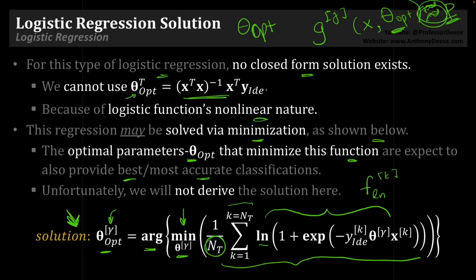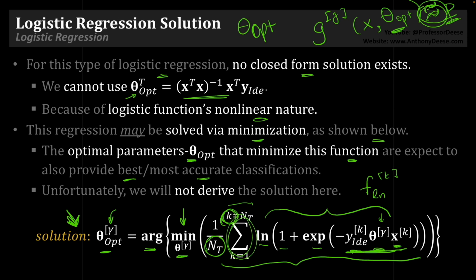So natural log of 1 plus e to the, and we should know what all three of these values are: the ideal value associated with the current k, the parameters, which are independent of k, these parameters don't change from element to element of this sum, and then the input associated with index k.